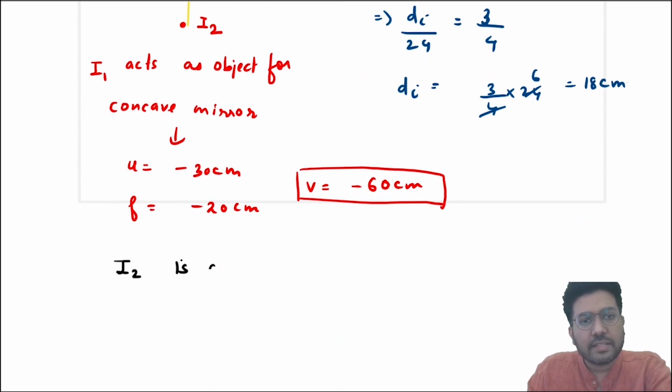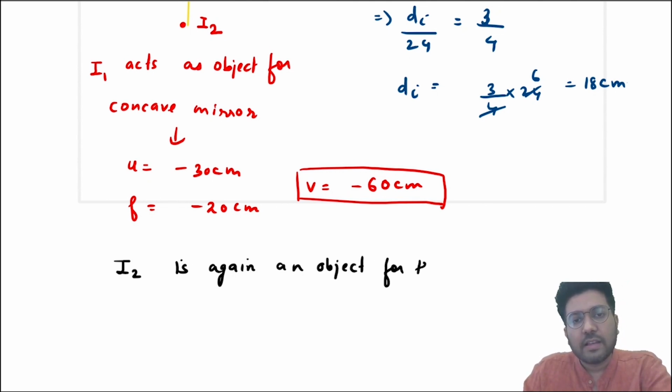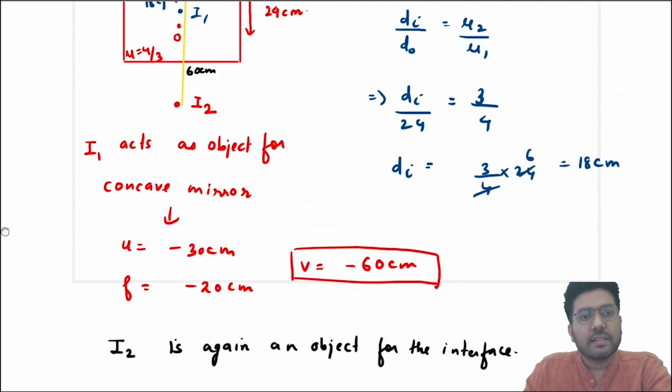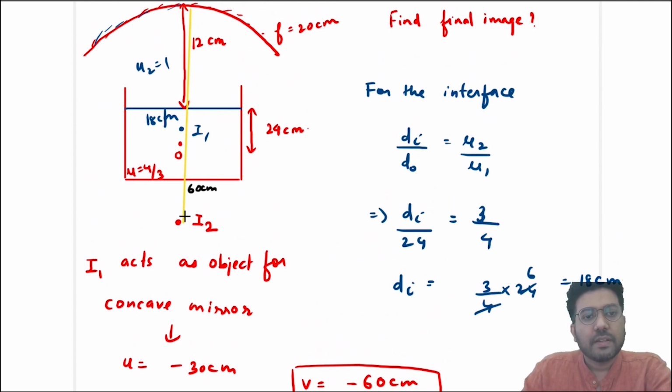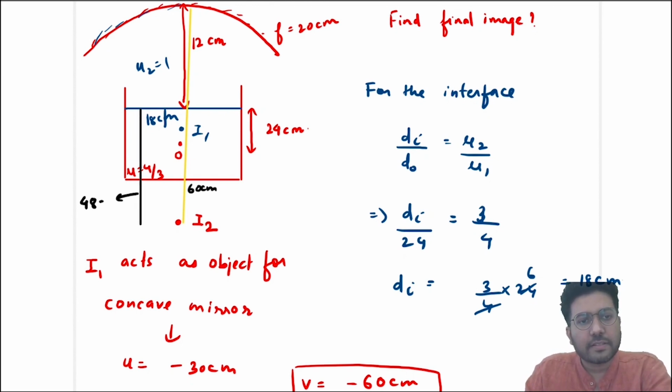So I2 is again an object for the interface, but now you have to measure the distance from the interface. If this distance is 60 and this is 12, then this distance is 60 minus 12, which is 48 centimeter.